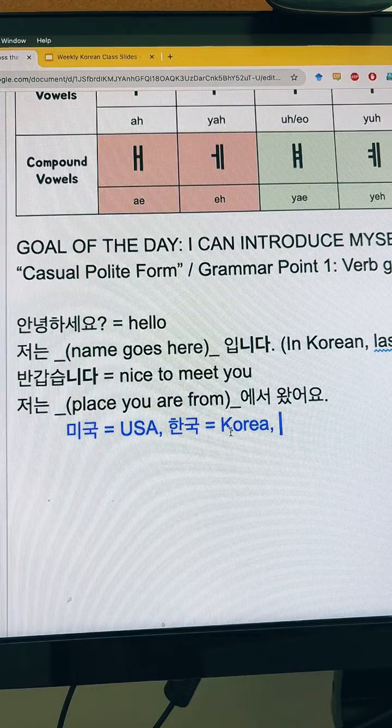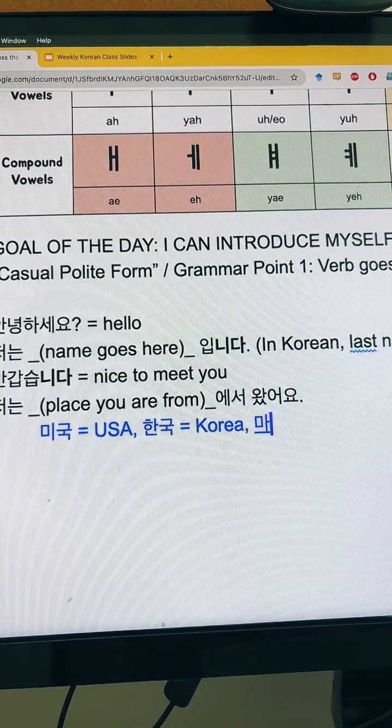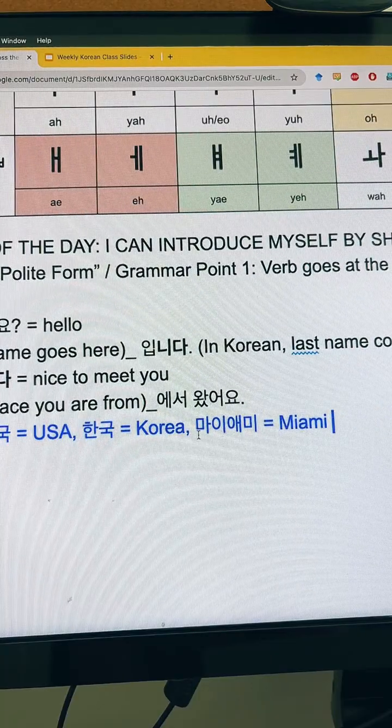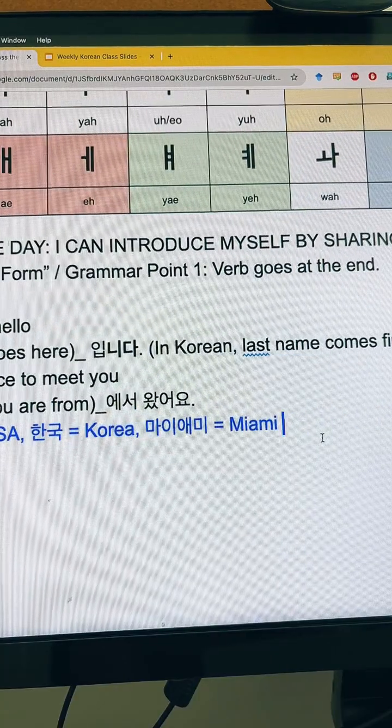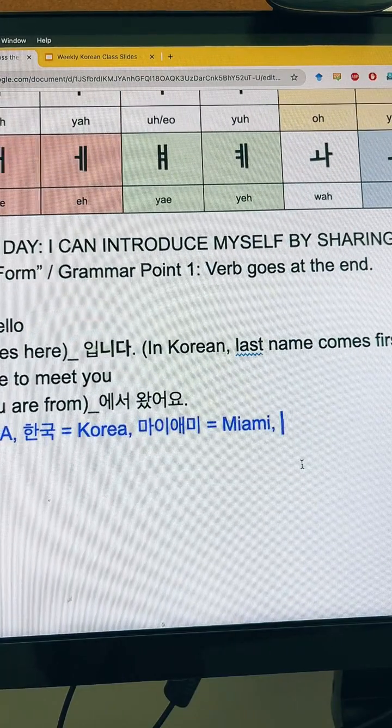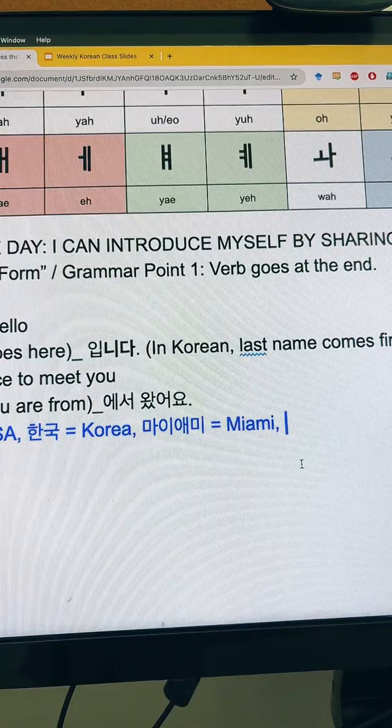Oh, Miami. Miami, good one. So Miami spelling is just ma, i, e, mi. Miami. You can say like a company that you're from if you're representing a company or an organization.